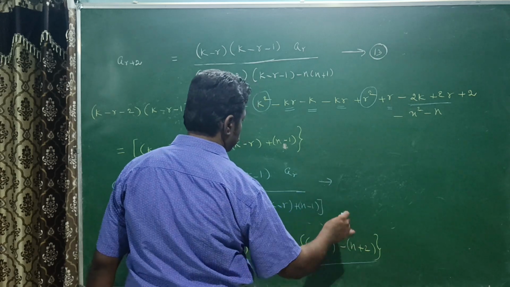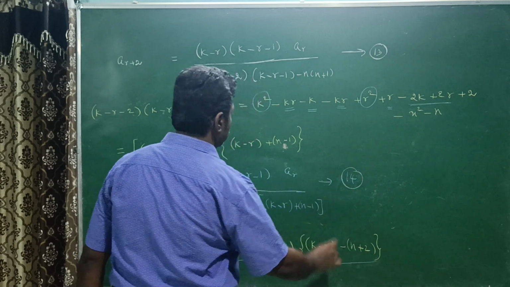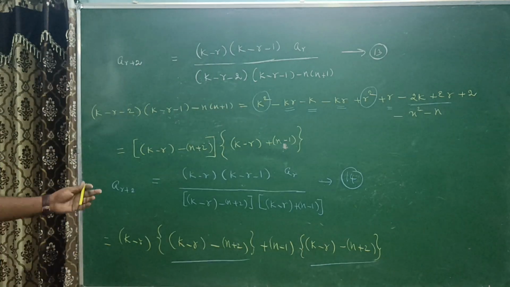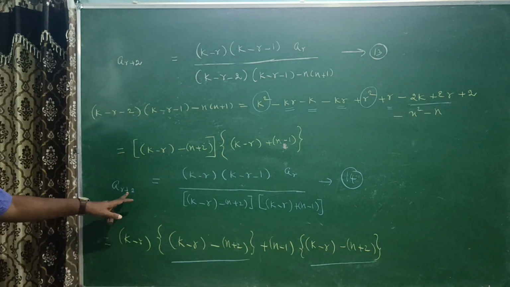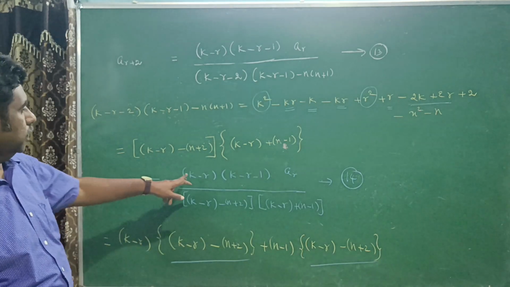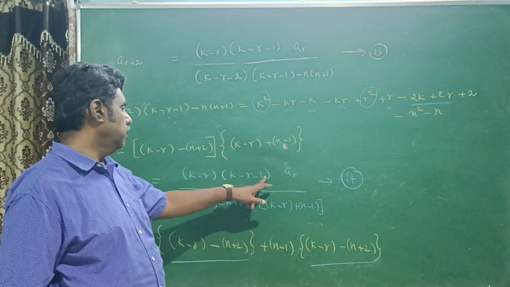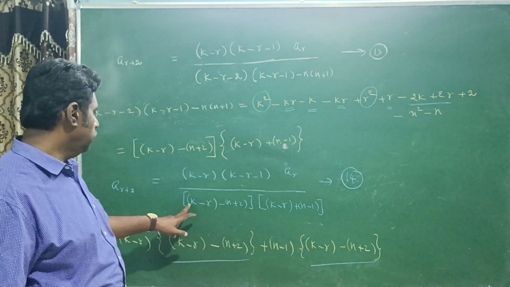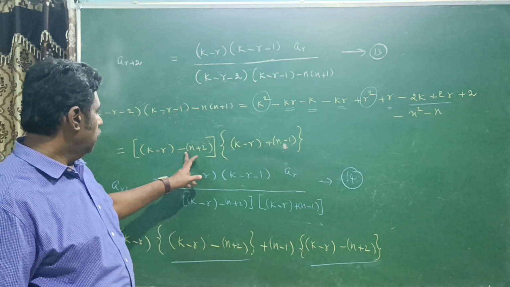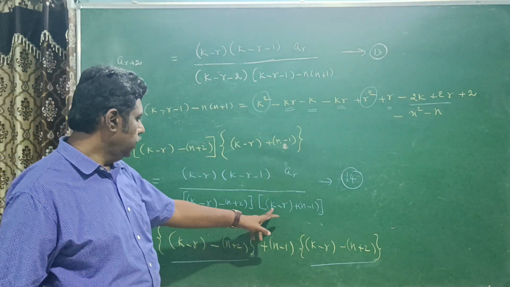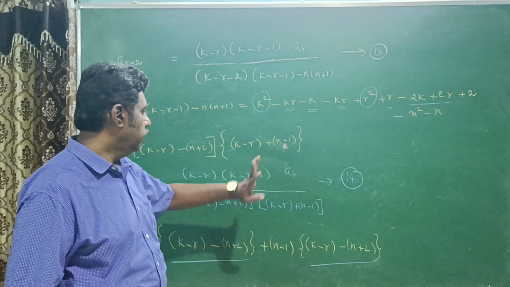So this is equation number 14. This is our recursion relation: a_(r plus 2) is equal to (k minus r) into (k minus r minus 1) into a_r divided by (k minus r minus (n plus 2)) into (k minus r plus n minus 1).